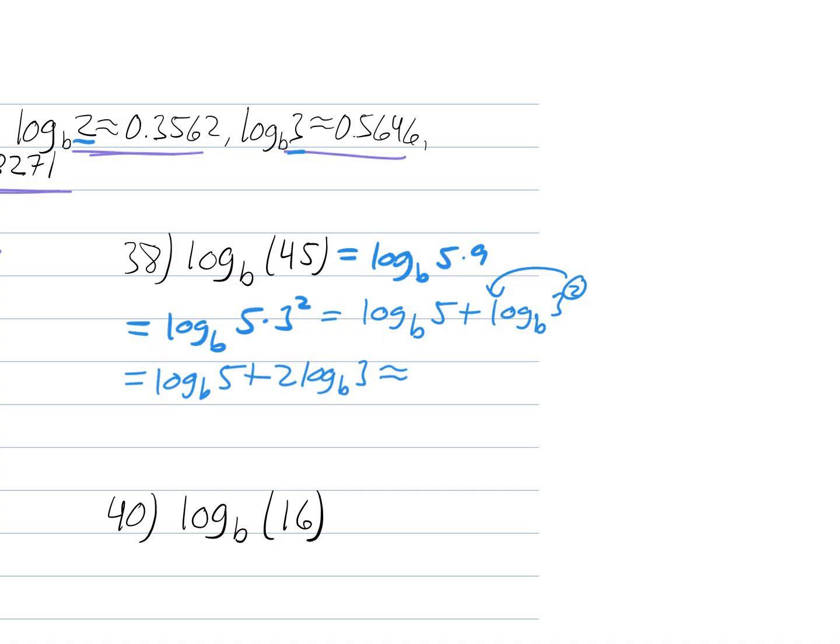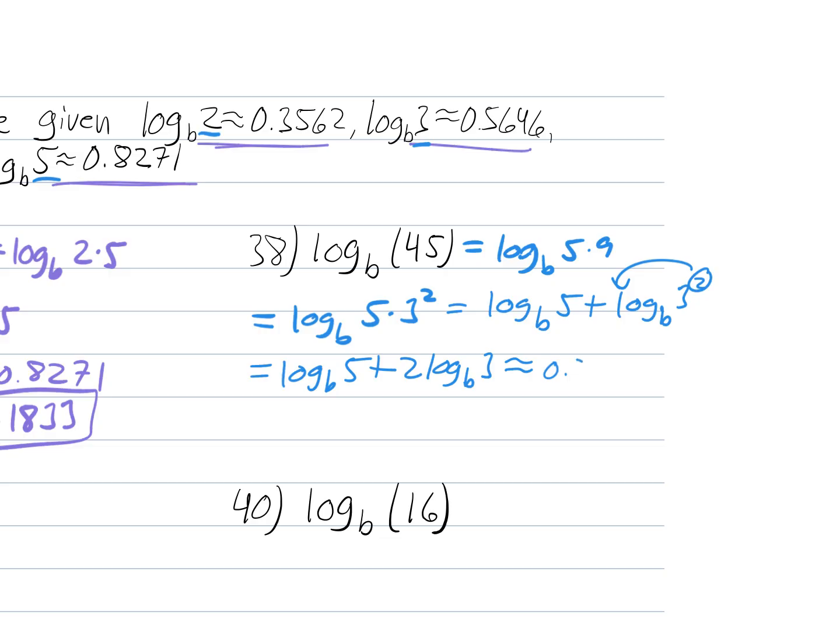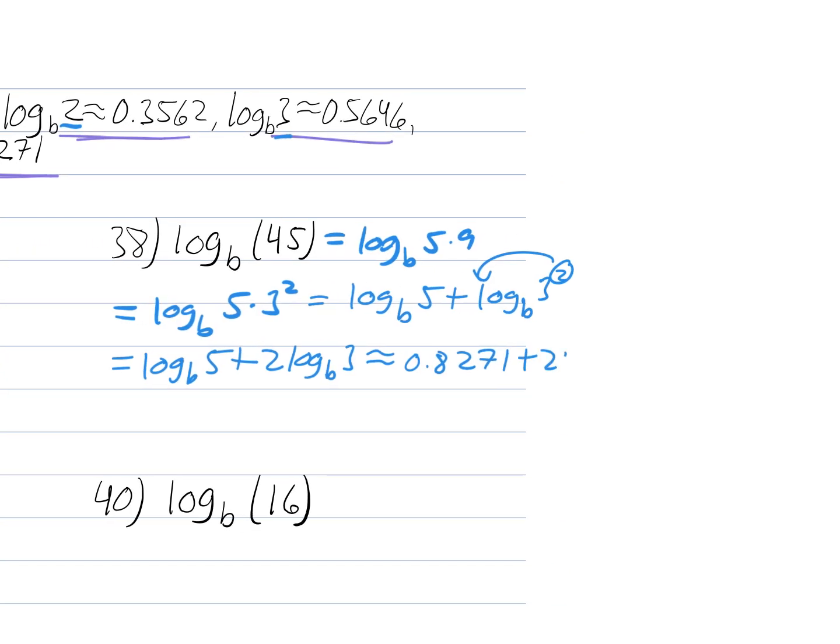And then I have approximate values given, so it's going to be 0.8271 plus 2 times 0.5646. And then if you put this in your calculator, this is going to get us 1.9563.